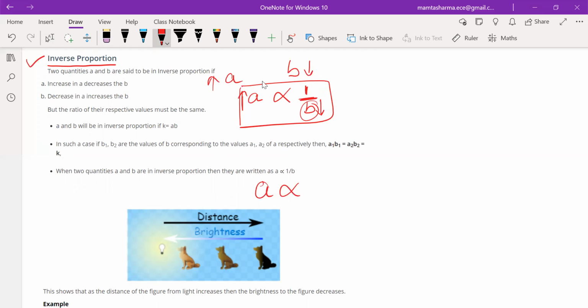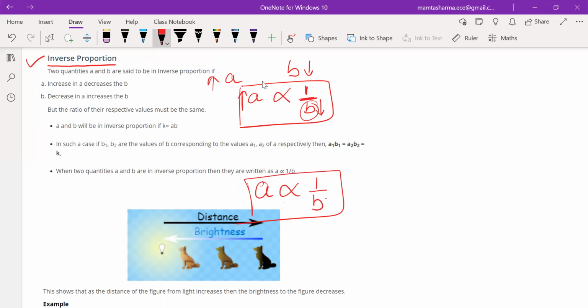You can call this A inversely proportional to B, or you can say A directly proportional to 1 by B. If you are saying directly proportional, then say 1 by B. If you are saying inversely proportional, then say only B. Both are correct.